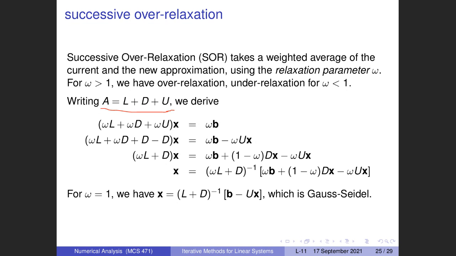We turn this into a fixed point problem where we move the upper triangular part to the right. So we do just the same as with the Gauss-Seidel. We will actually have a lower triangular system, but now with a parameter.